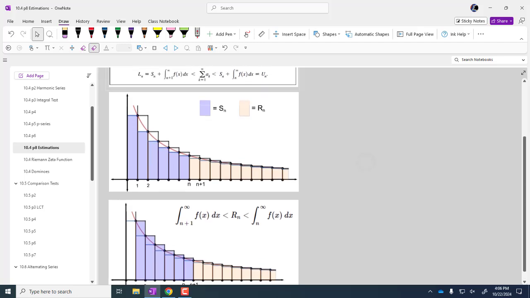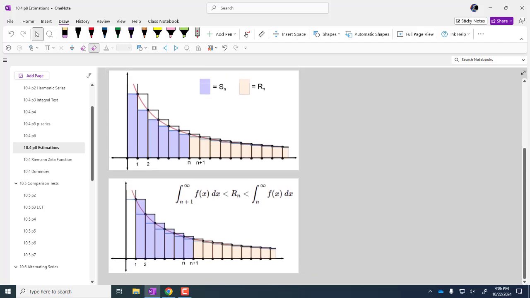Once again, if we look at our interval from 1 to n, we can either use rectangles that are shifted to the left, so we're thinking of our numbers as right endpoints, or we can think of our numbers as left endpoints. In both these images, the blue is equal to the blue, the beige is equal to the beige. The beige is representing the remainder, the blue is representing the S sub n.